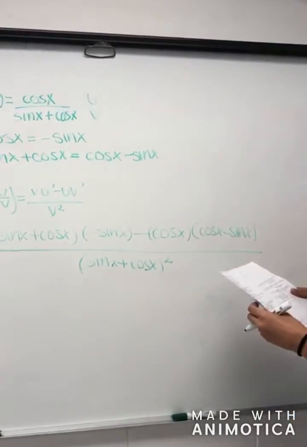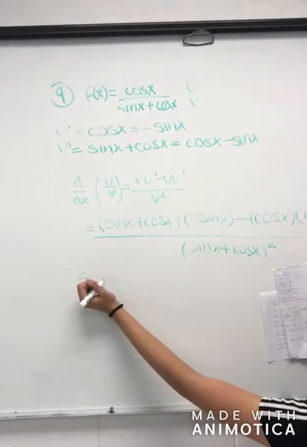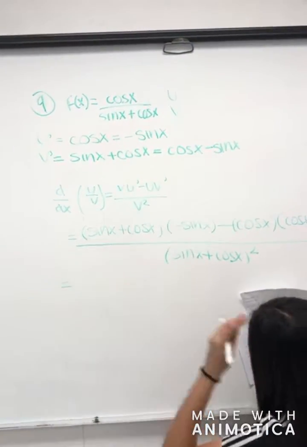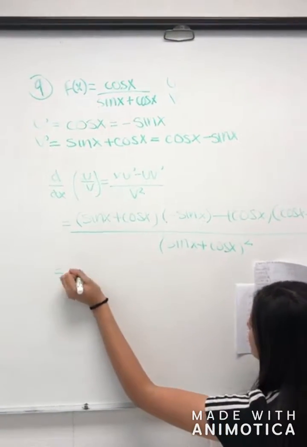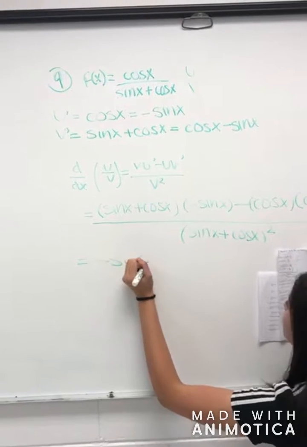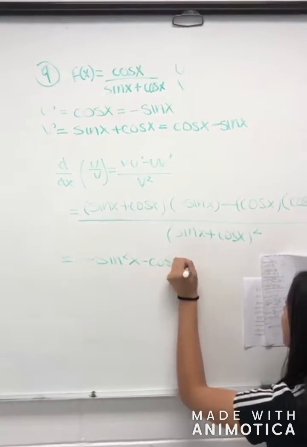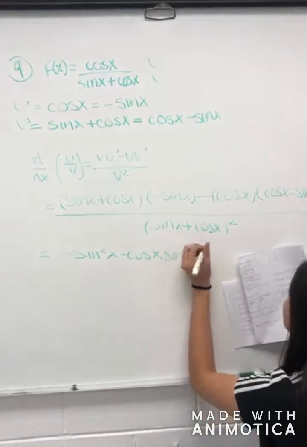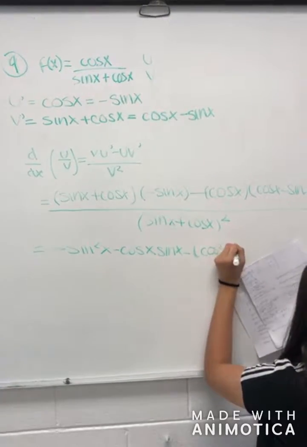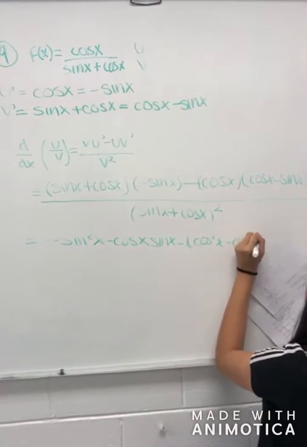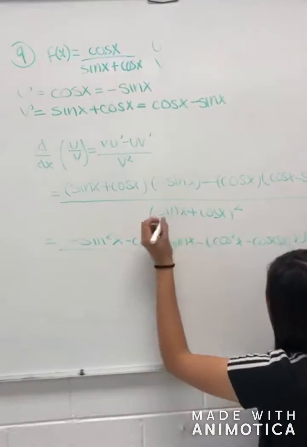And now we have to multiply that with the next step, that is minus sine 2x minus cos x sine x minus cos 2x minus cos x sine x, divided by this.